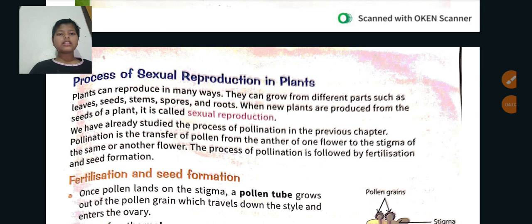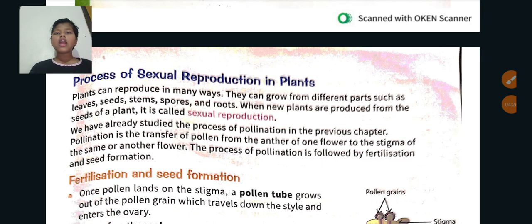We have already studied the process of pollination in the previous chapter. Pollination is the transfer of pollen from the anther of one flower to the stigma of the same or another flower. The process of pollination is followed by fertilization and seed formation, as we discussed in the previous chapter.